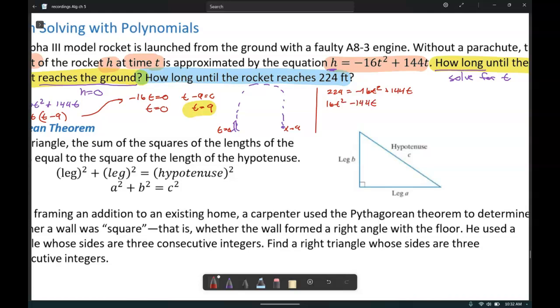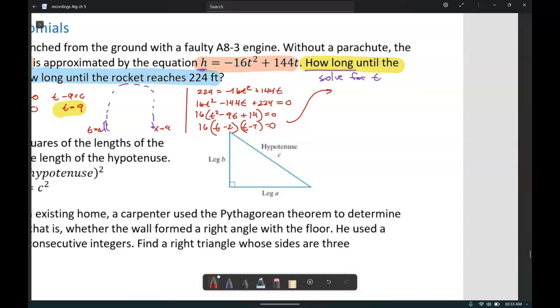That way it's positive. And then we'll factor it. There is a GCF of 16 again, leaving us with t squared minus 9t plus 14, which then can be factored further as t minus 2 and t minus 7.